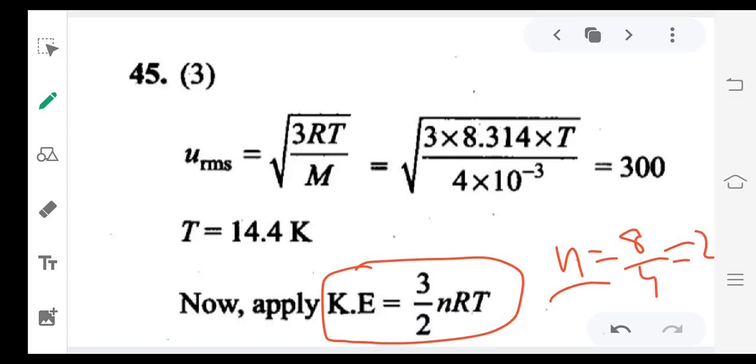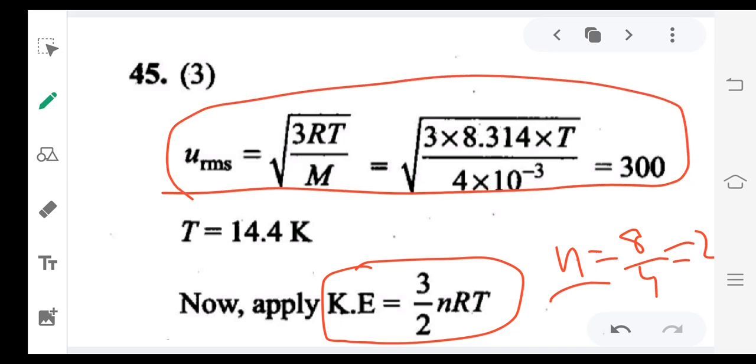If you know temperature, you can calculate KE. To calculate temperature, indirect information is given, that is RMS velocity. RMS velocity equals root 3RT by M. If you simplify this with RMS velocity 300, you will get the temperature in Kelvin. If you substitute this temperature here, you will get kinetic energy.